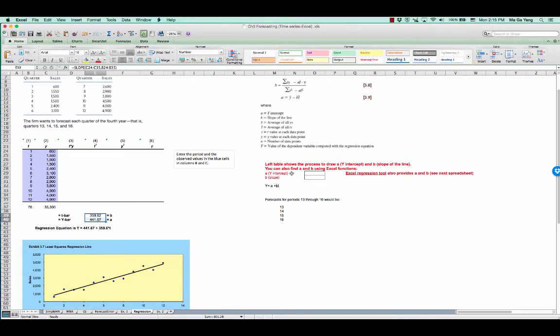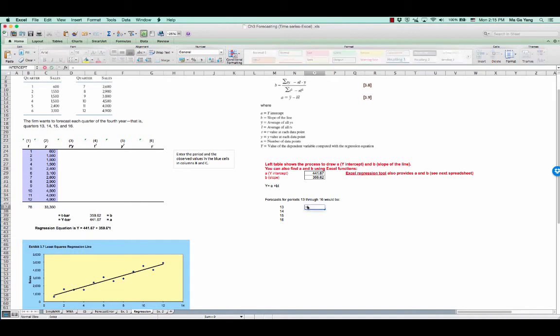Now, the y-intercept equals 441.67 and the slope of the line equals 359.62. Using these two values, we forecast periods 13 through 16. So this is our linear regression equation.